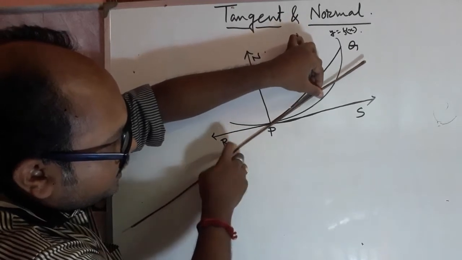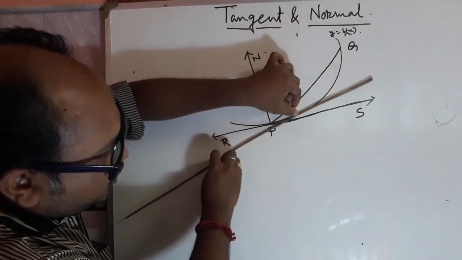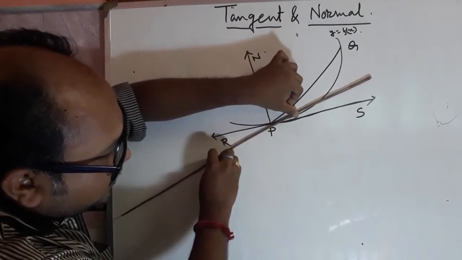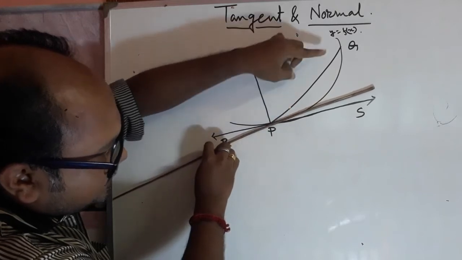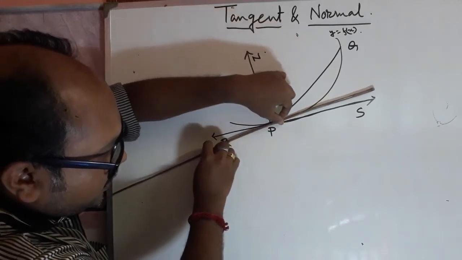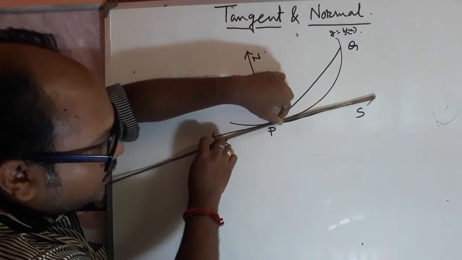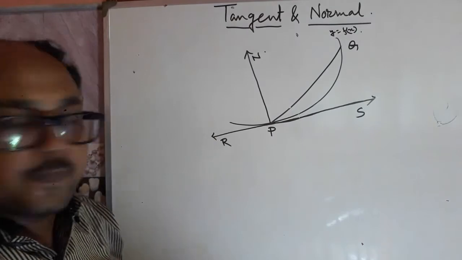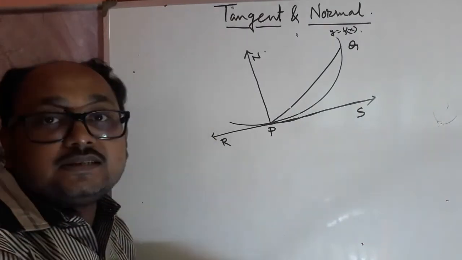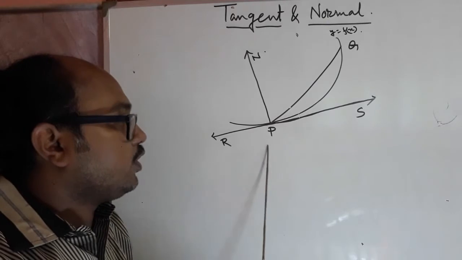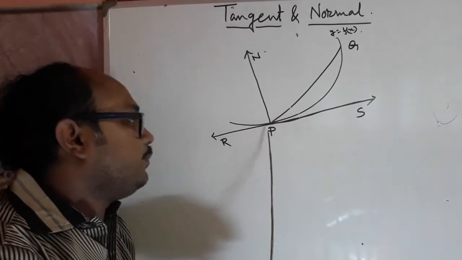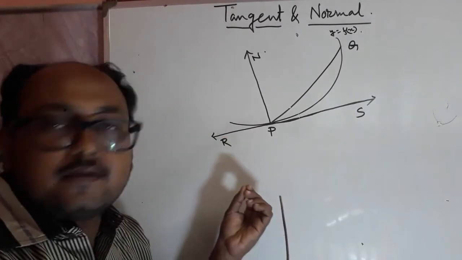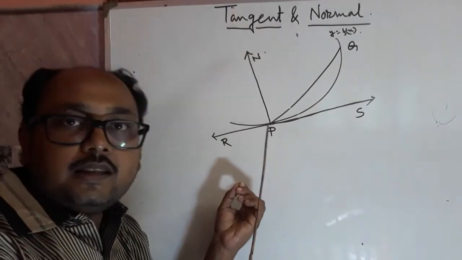When the point Q is very near to P, you see my thumb, this chord will become the tangent RS, and this point P is known as the point of contact.